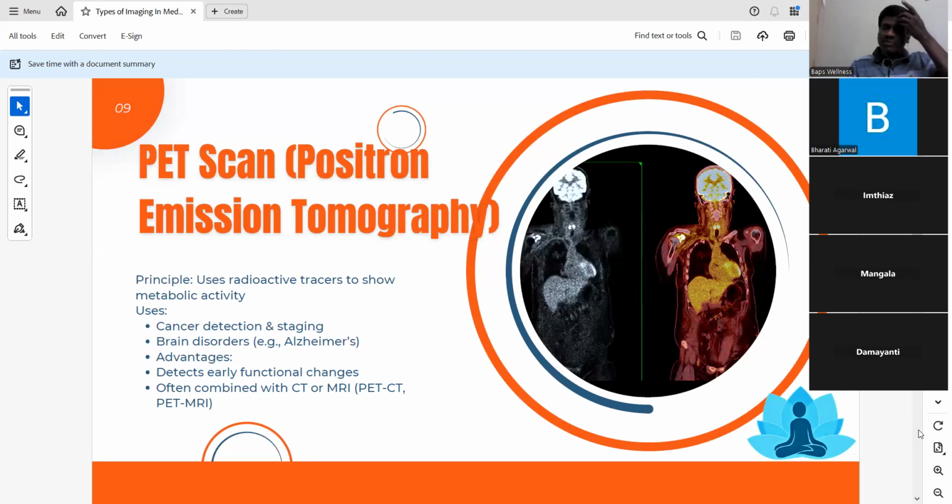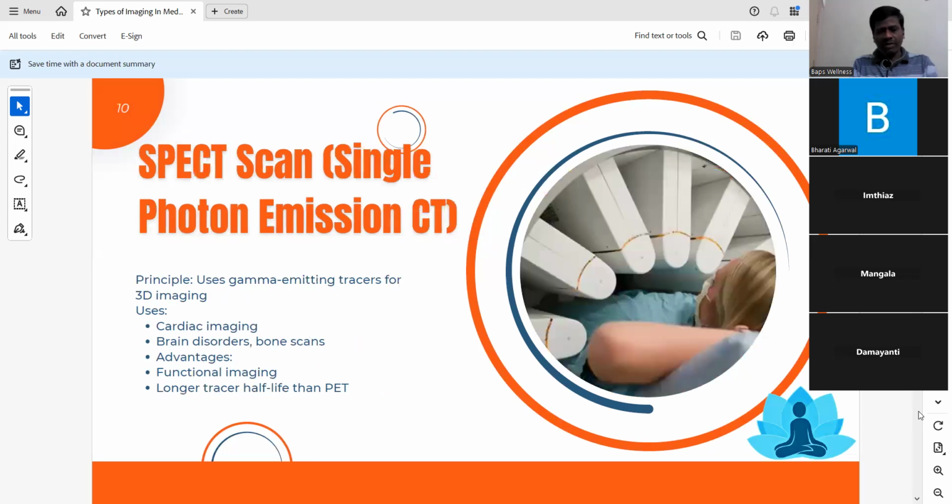The major disadvantage with PET scan is that it's highly expensive and it involves radiation exposure. And this will not be available in most of the centers. It's not widely available in all the centers. That is another disadvantage. Immediately, if you want to take it, you have to go to the hospital or the center where this is available, big centers only.